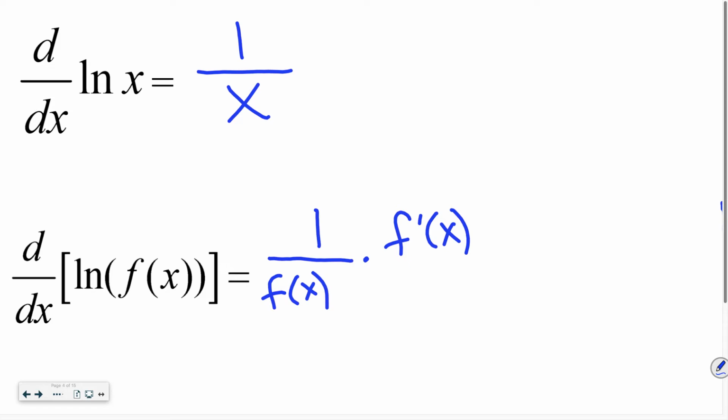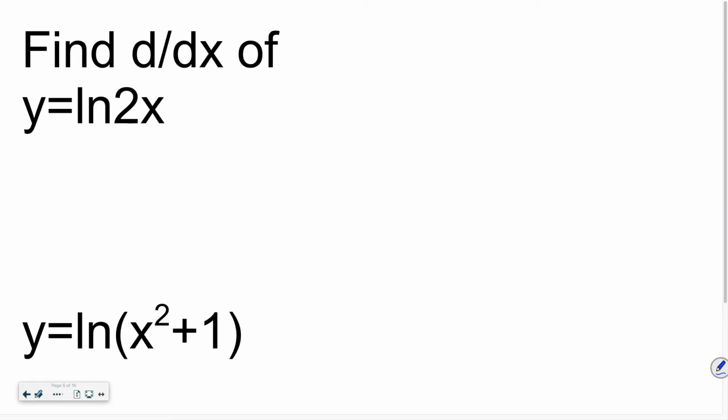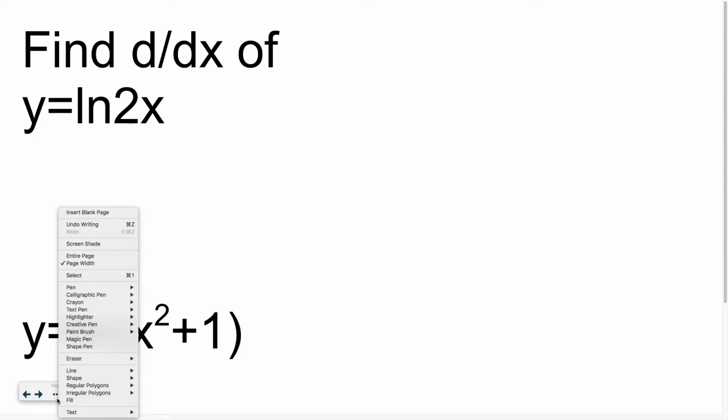e as our base. Okay, we'll start with this one. Y equals the natural log of 2x. Y equals the natural log of 2x. Okay.